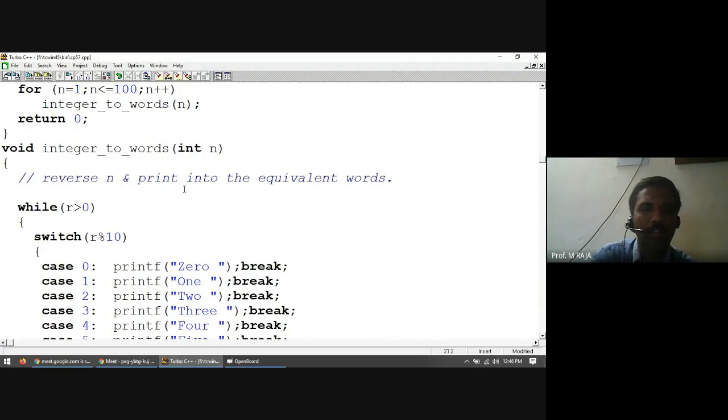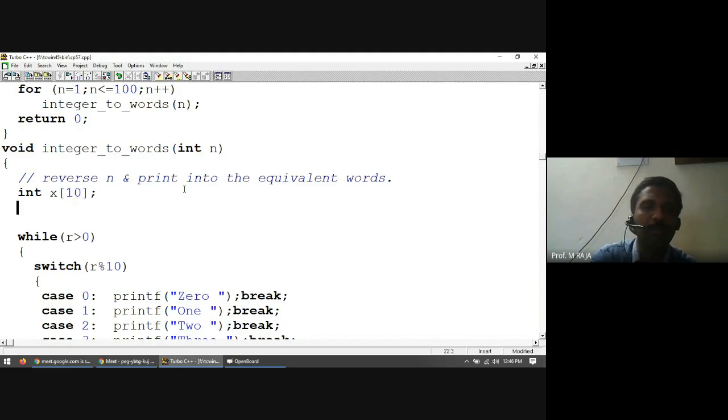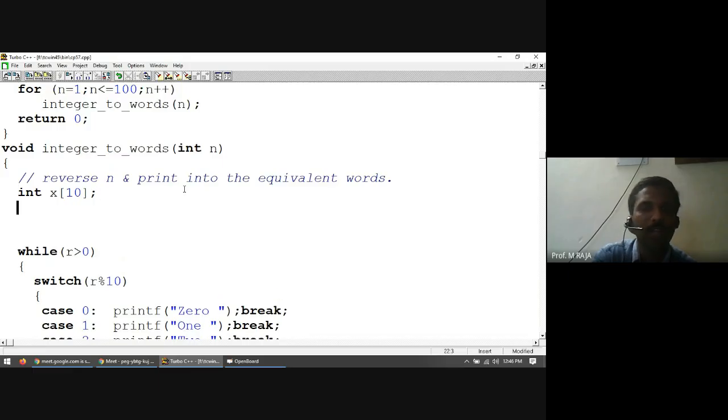Reverse is not required, so I have deleted that. I define a local array, for example int x of 10, at the maximum to store 10 digits. Just go through the loop, find the remainder and store the result into the array x. For example, have the while loop, while n is greater than 0.